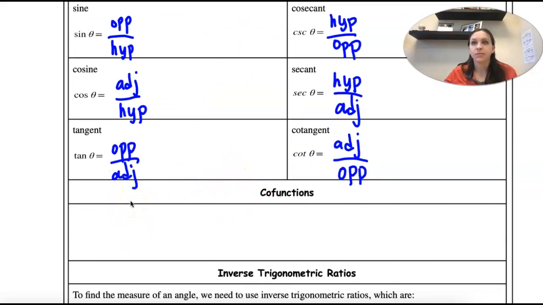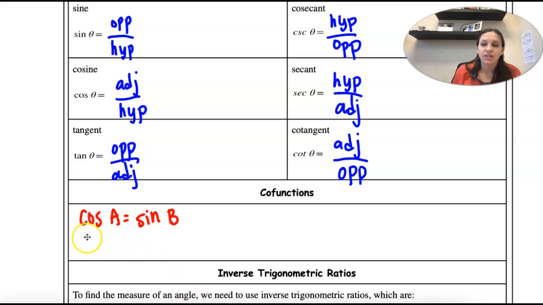So, let me move my paper here. My cofunctions are the ones that go together. So if I take the cosine of A, that's going to be equal to the sine of B. And its cofunction is if I take the sine of A, it's going to be the cosine of B. Those are related.